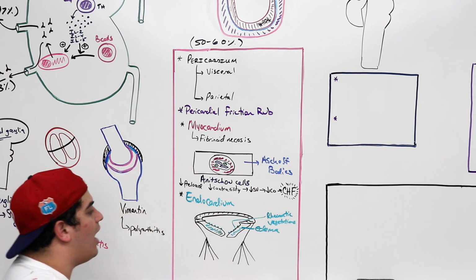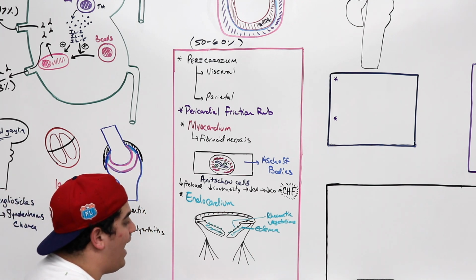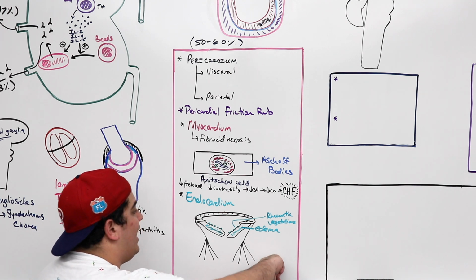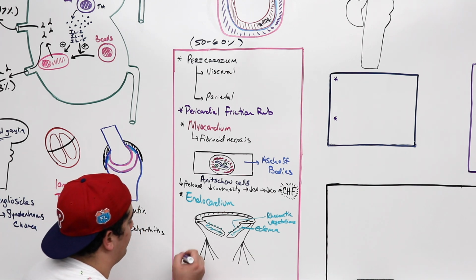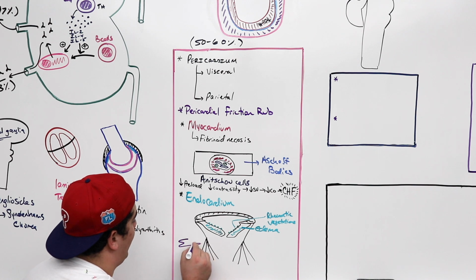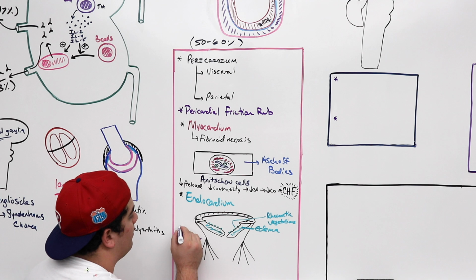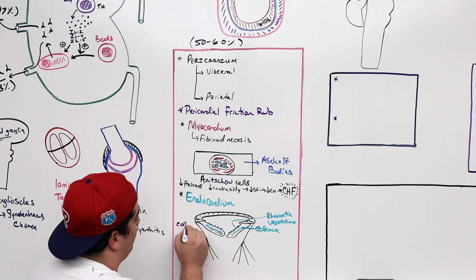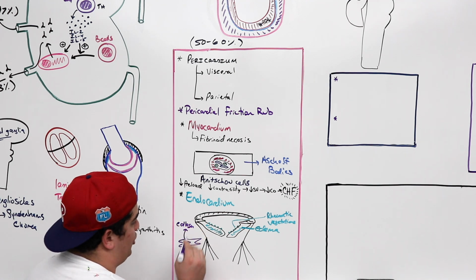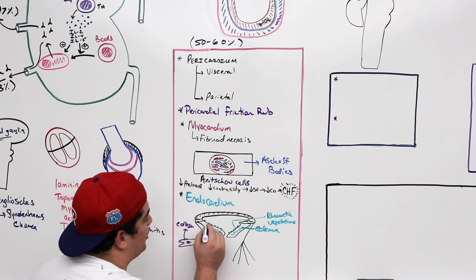Another thing is over time, as the inflammation occurs in these valves, it activates particular cells. We have these things called fibroblasts, and our fibroblasts, when stimulated, love to produce a lot of collagen and fibrous tissue. What happens is this collagen starts causing the valve to become thicker.